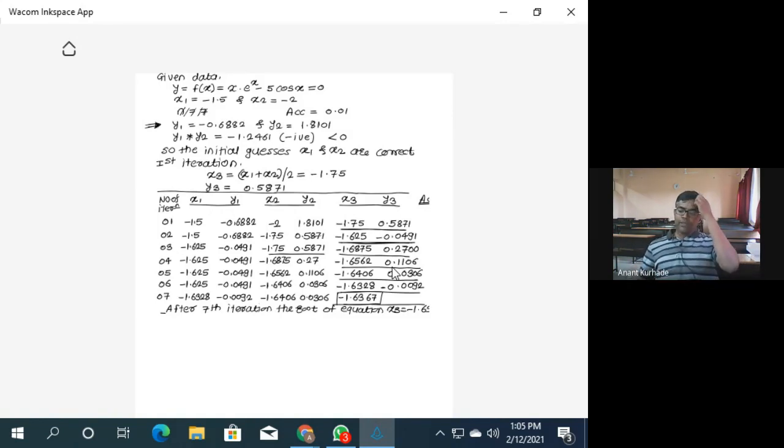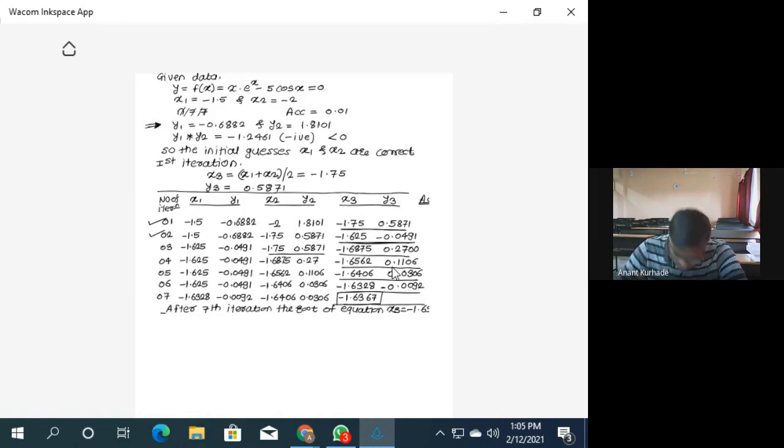So how to calculate the accuracy? Now listen carefully, this is very important. In the first iteration, what have we calculated? We have calculated y1, y2, x3, and y3. For this first row, what will be the accuracy? We have to write the accuracy for each row.